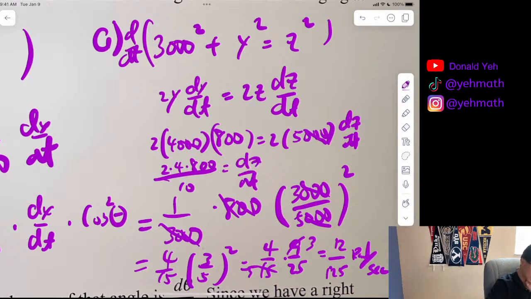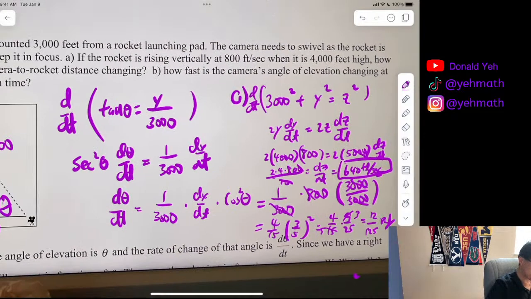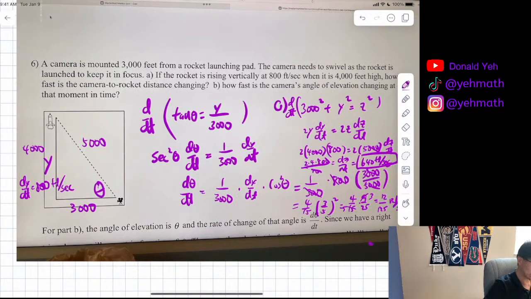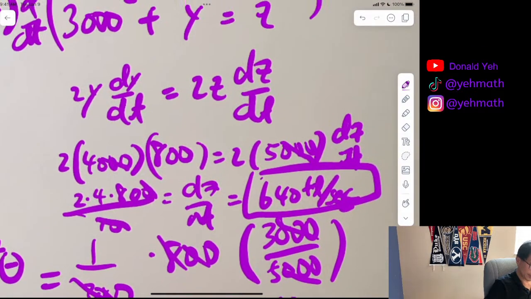So dz dt is going to be 640 feet per second. And there you go. This is the speed at which the camera is moving. So 640 here.